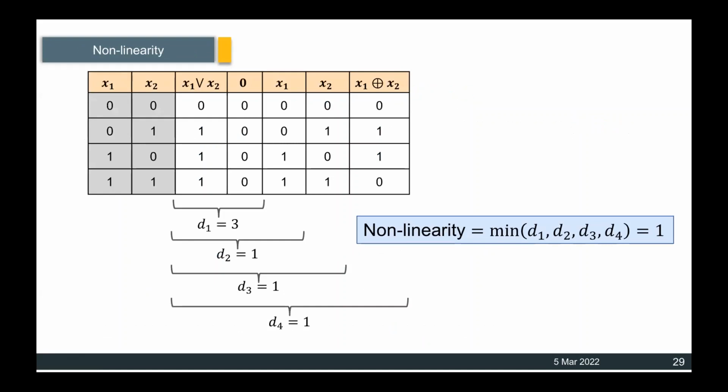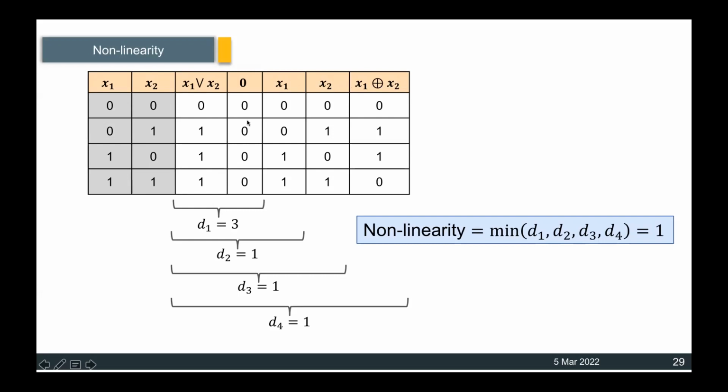How you define nonlinearity is quickly illustrated here. Take, for example, a simple nonlinear function, x1 OR x2, the Boolean OR of x1 and x2. We take all the possible linear functions like 0, x1, x2, and x1 XOR x2, noting that these do not have any AND term.